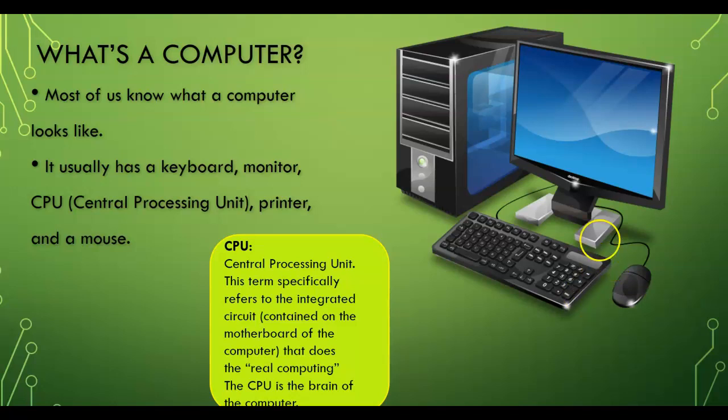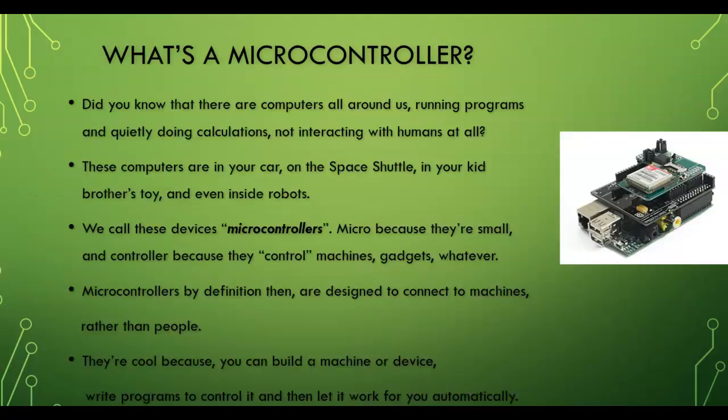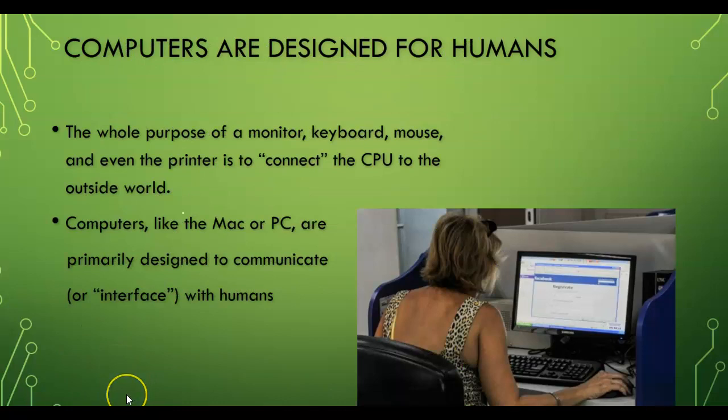So this is called a peripheral input device. Then there is the monitor, which is a peripheral as well, but it's an output device. It is used for the human to be able to look at and see information from the CPU. That's the whole purpose of the peripheral: they are designed for humans.